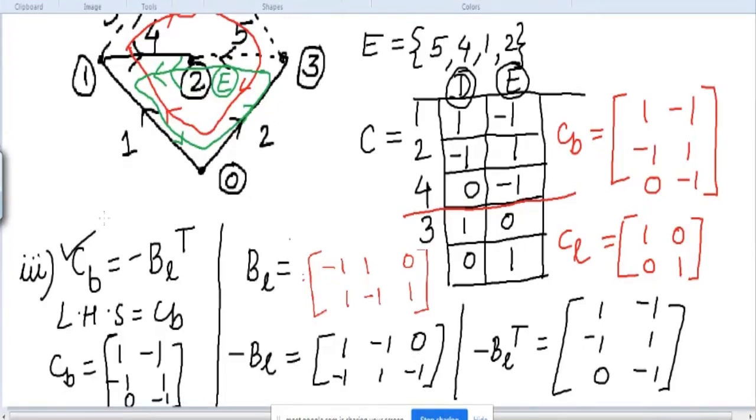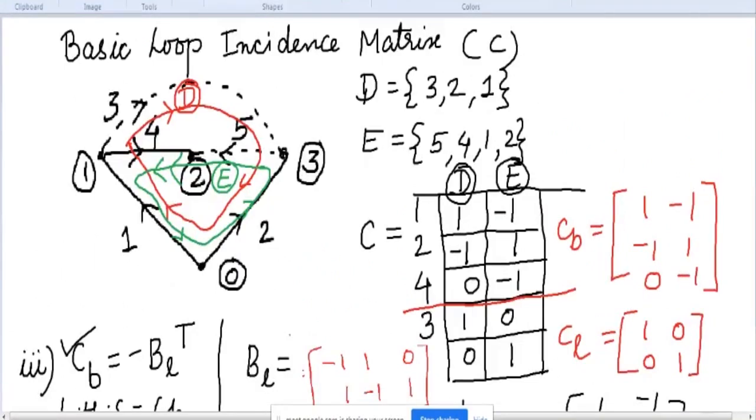So if you find a wrong CB or wrong BL, in short I just want to convey that if you find wrong matrices, whether it is the basic cut set incidence matrix or the basic loop incidence matrix, because see what are the prerequisites to solve these next two bits, because the first two bits were already covered.